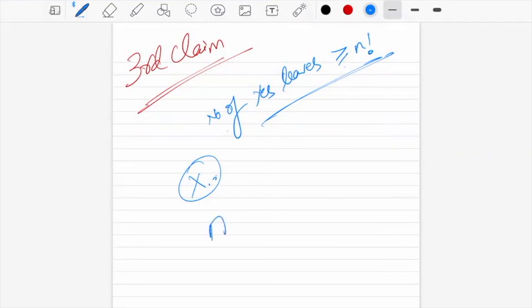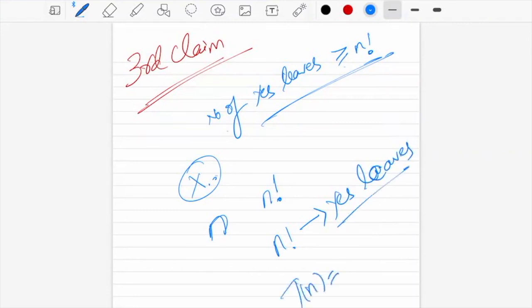If there are n elements, we'll get n factorial permutations. So there will be n factorial yes leaves, which means the time complexity for n instances will be big omega of n log n.